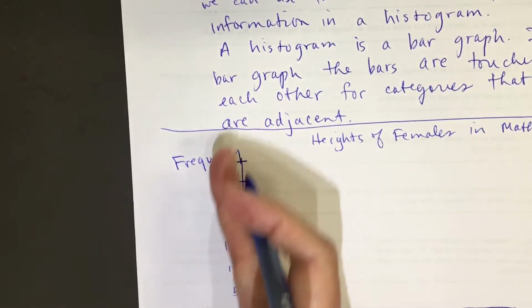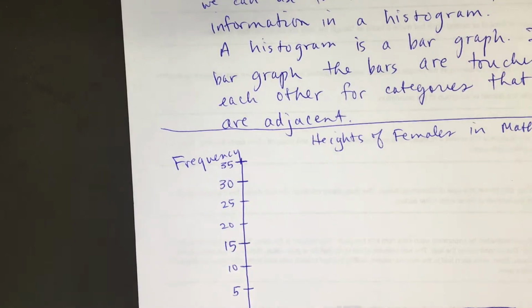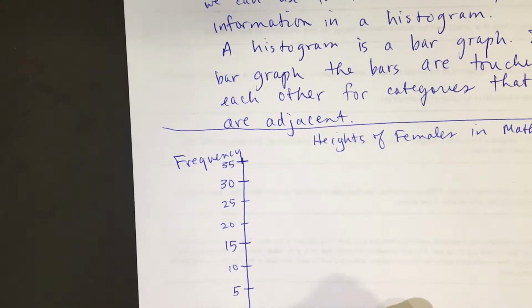They say don't put the first one right up against that vertical line. So I'll put a line. This will start the first bar. It'll stop here. That's the first category. 2, 3, 4, 5, 6, 7, 8, 9. The ninth category will be there.